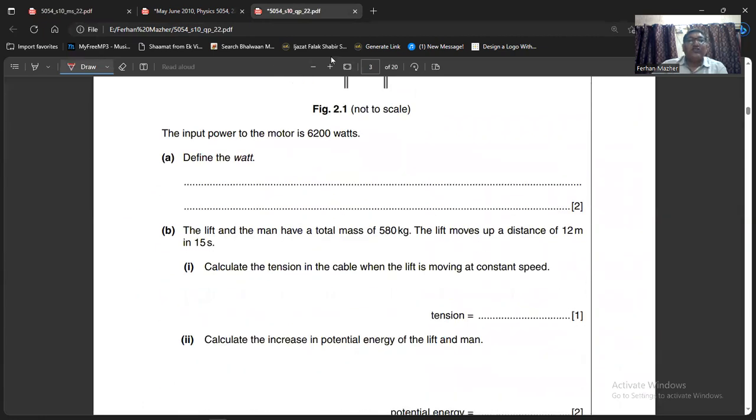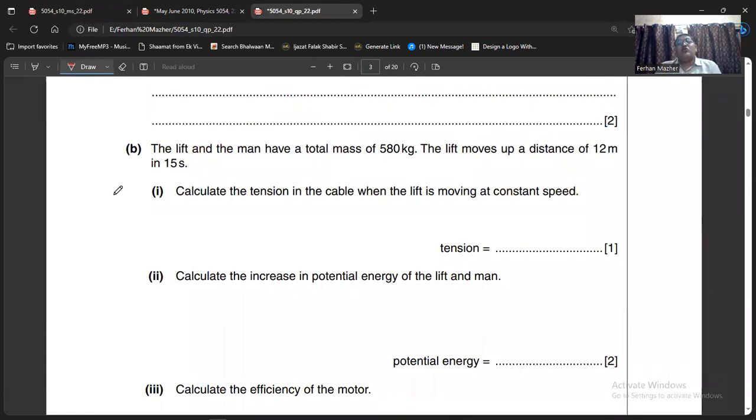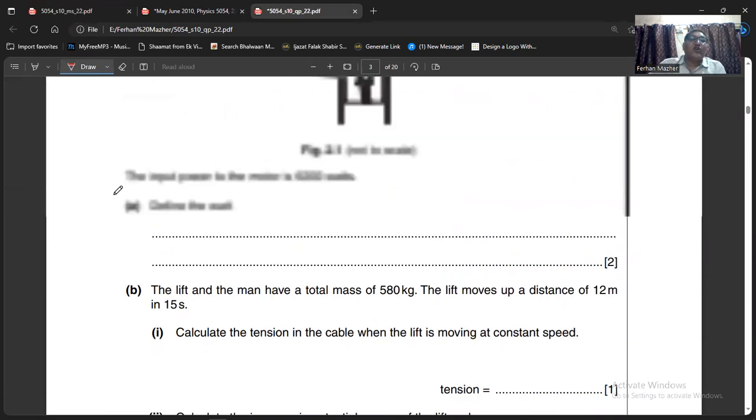The next question on your screen says the lift and the man have a total mass of 580 kg. The lift moves up a distance of 12 meters in 15 seconds. Calculate the tension in the cable when the lift is moving at constant speed.